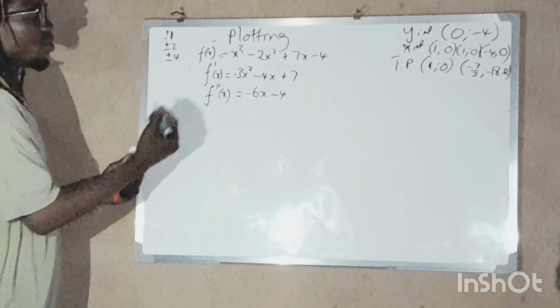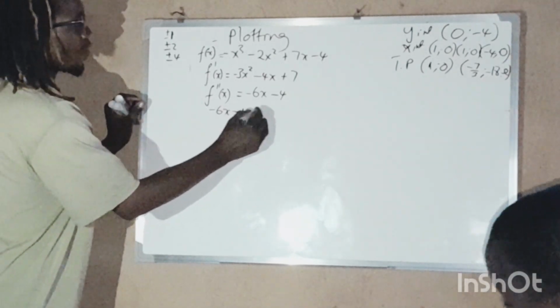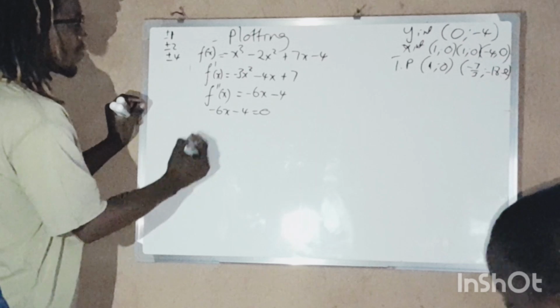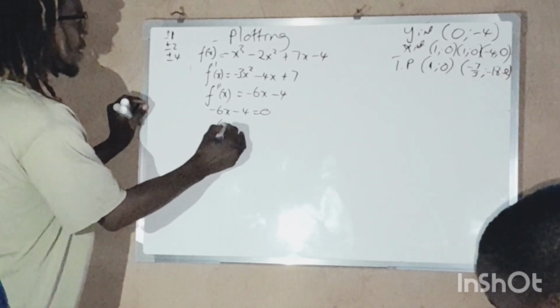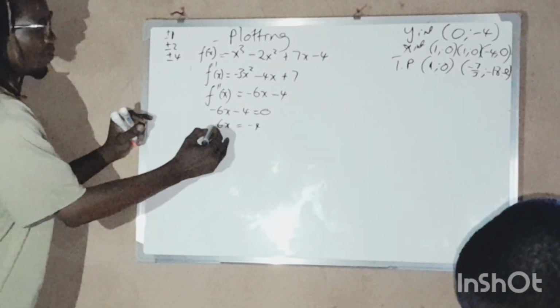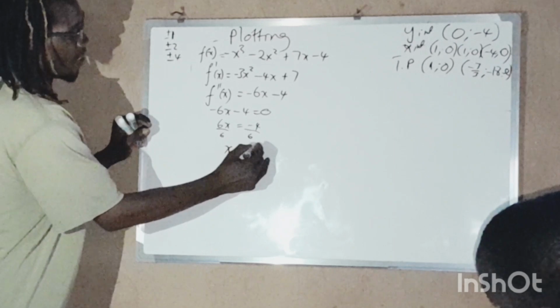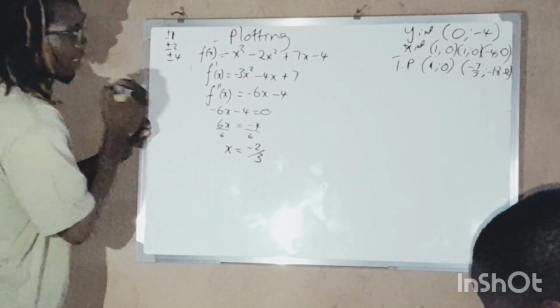So it means that now we are going to equate this to 0. -6x - 4 is equal to 0. So this becomes 6x = -4, right? So if we divide by 6, our x is equal to -2/3, right?